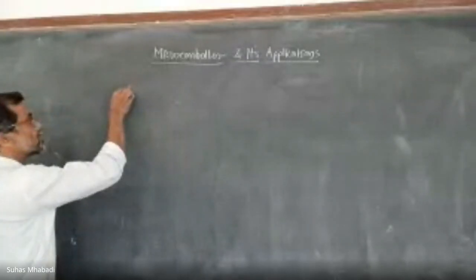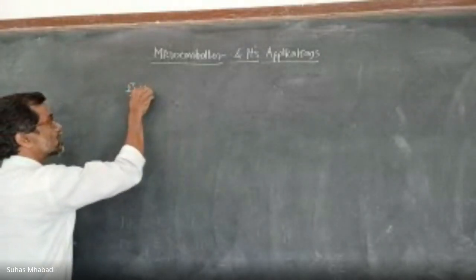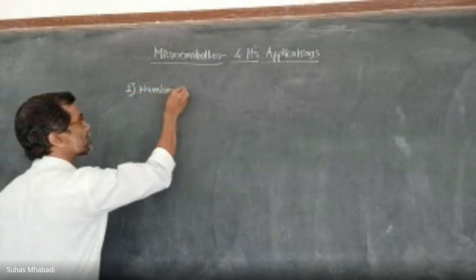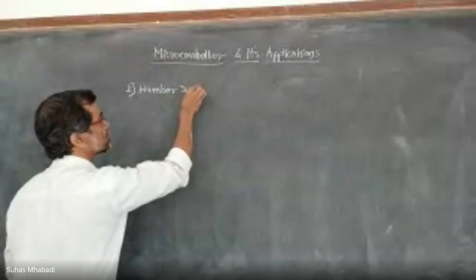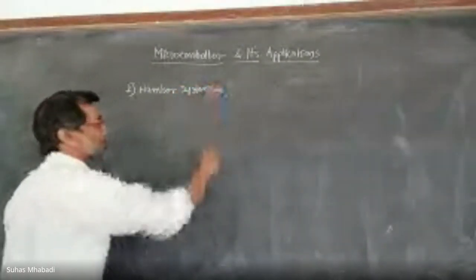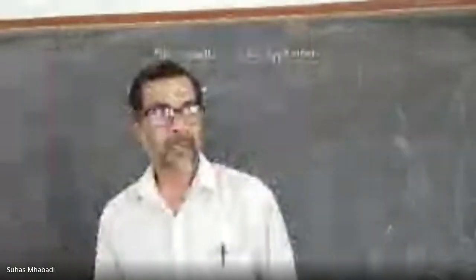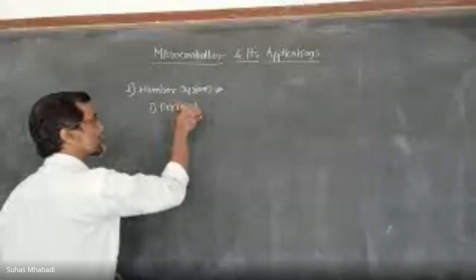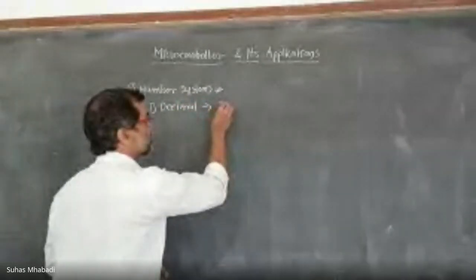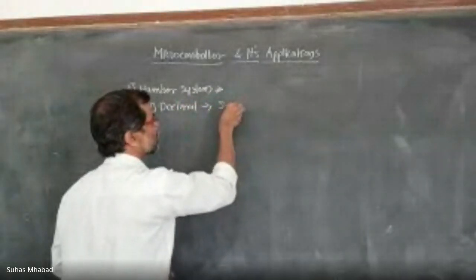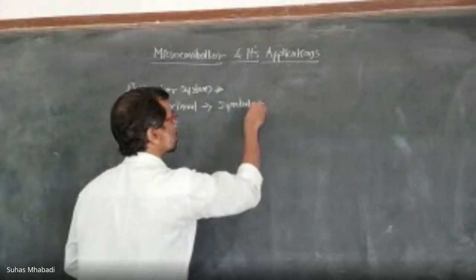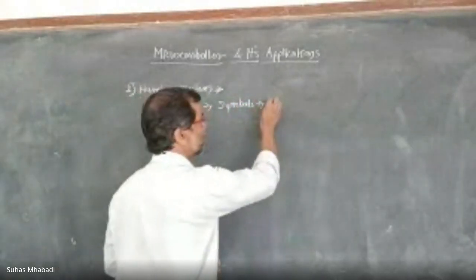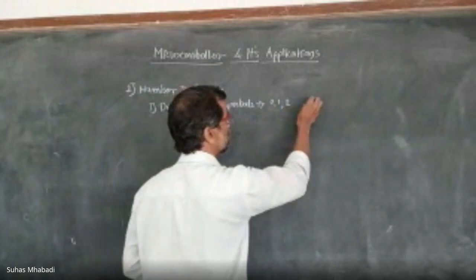So first of all, you should know a numbering system. The existing system is the decimal system. In the decimal system, we have 10 different symbols, right from 0, 1, 2, and the last will be 9.